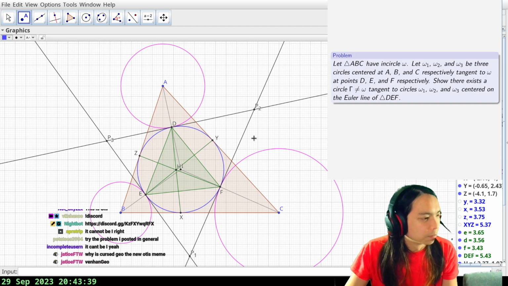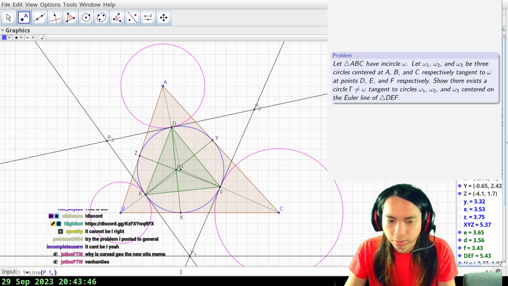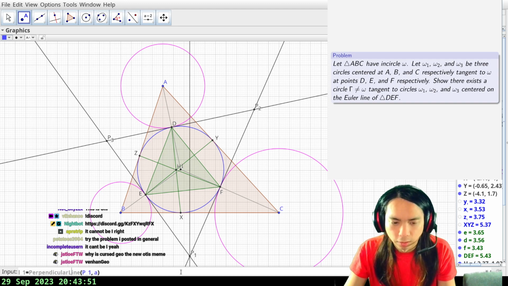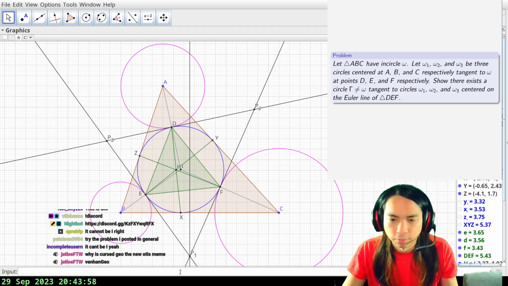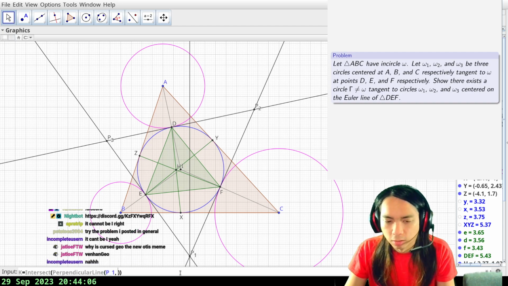Okay, anyways, L1 is the line perpendicular to this, a perpendicular line through P1A. L2 is... well, let's name the radical center K, equals the intersection of line A and line HI.